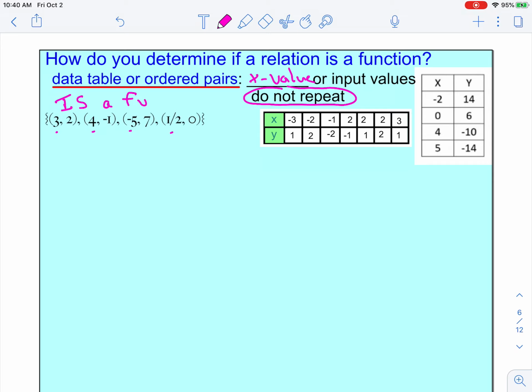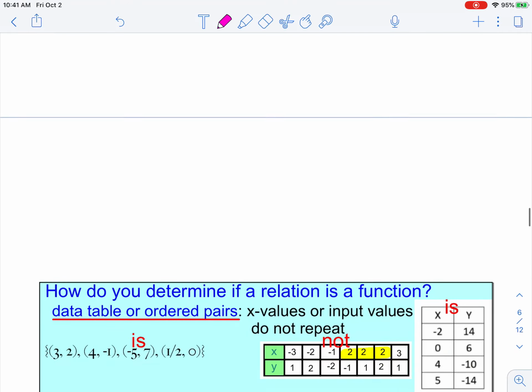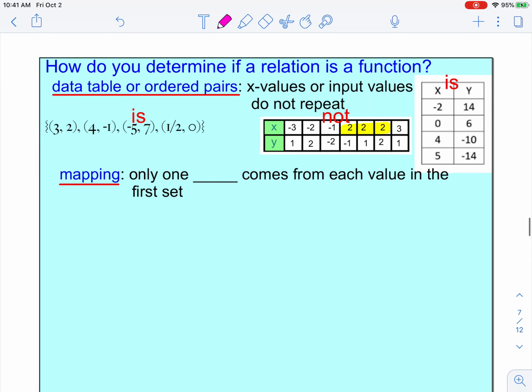Let's look at this one. Look at your x's. Oh, this one is not. We already went through some of these, but you try the other t-table here. You try this last one. And this one is. You can see those are worked out there, but let's move on.